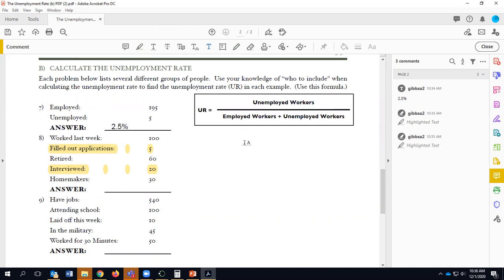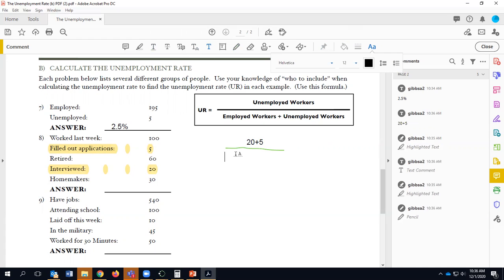So for this one, our unemployed workers is 20 plus 5. And then we're going to divide that by employed workers, which is 100, and then plus our unemployed workers. So that's going to be plus 20 plus 5. So 20 plus 5 is 25.